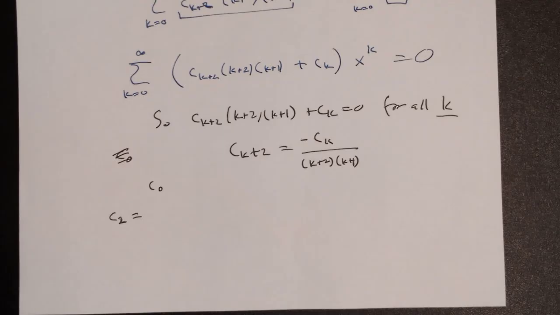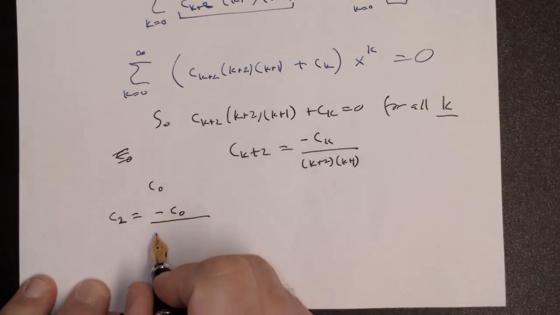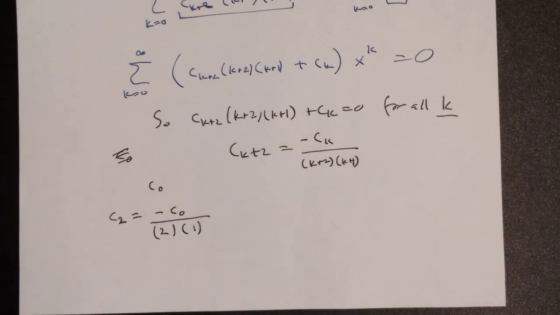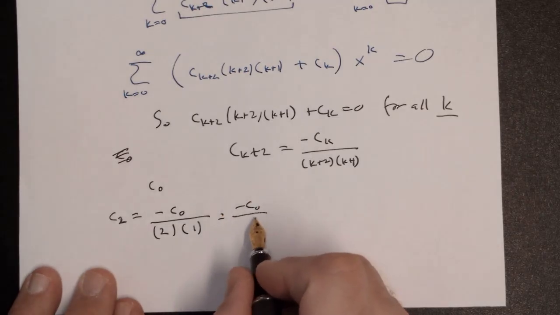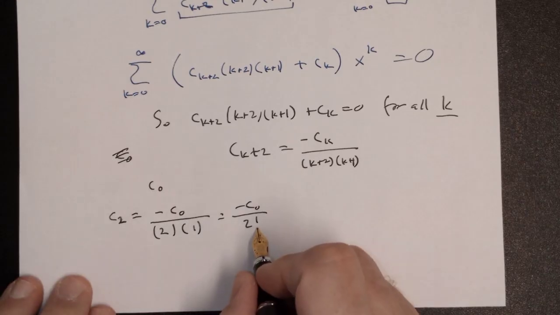Recursion time. It's minus C0 over (0 plus 2) times (0 plus 1), which is the same as negative C0 over 2. I wrote it as 2 times 1 though, right? And I think of 2 times 1 as 2 factorial.